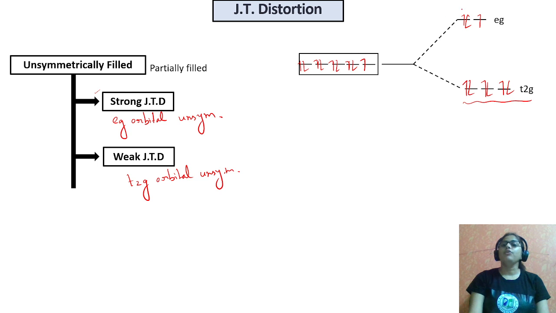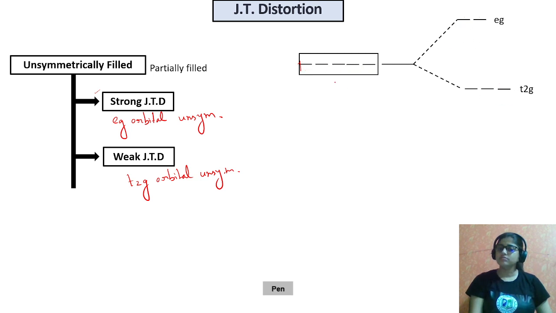It is said that EG is actually in high energy, so the interaction with the ligand, if it is unsymmetrical, will be more. So there will be strong JTD. And for the case of weak JTD, let's say we are taking D2, or D1, D2.